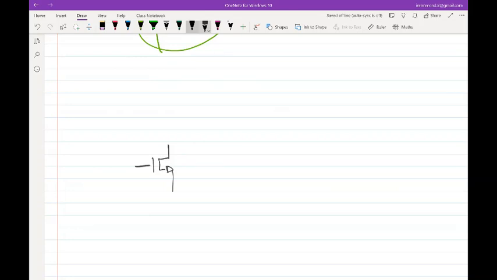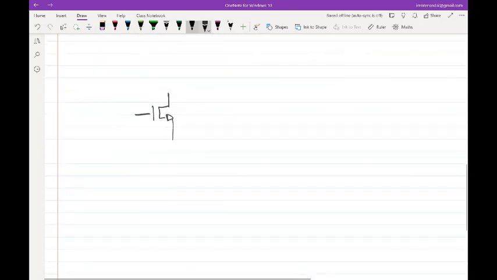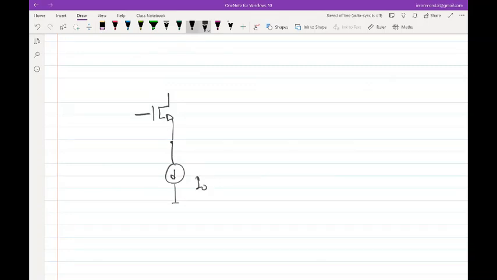Okay. So the last one was I will pull current out of the source and I will tweak the gate. And by that very definition, I am saying that I am not going to do anything to the drain. Let's keep it VDD.